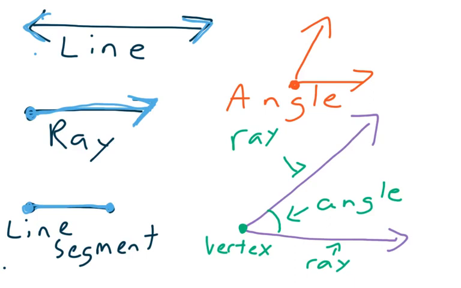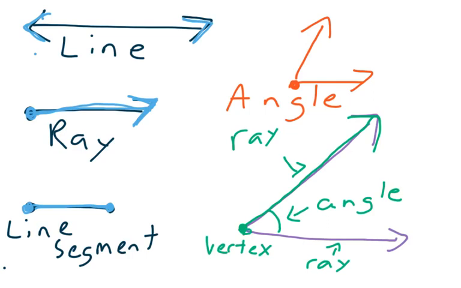So an angle is basically just two rays put together. They share what is called a vertex. And you can see where these are labeled on here. Over here I have one side of this angle, so this is a ray because it has a dot and then the line keeps going off on the other side.